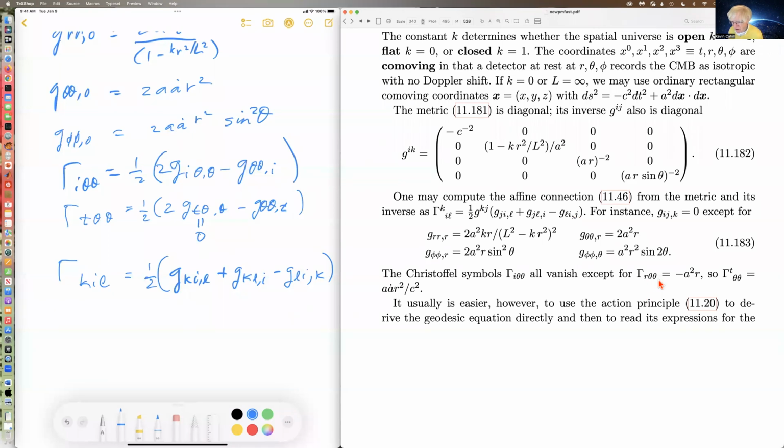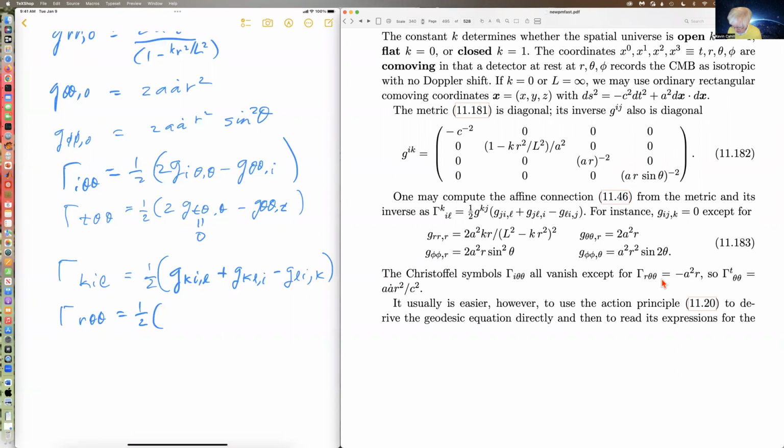And so in particular, gamma R theta theta is 1/2. Now, G R theta comma theta would vanish because the metric is diagonal.